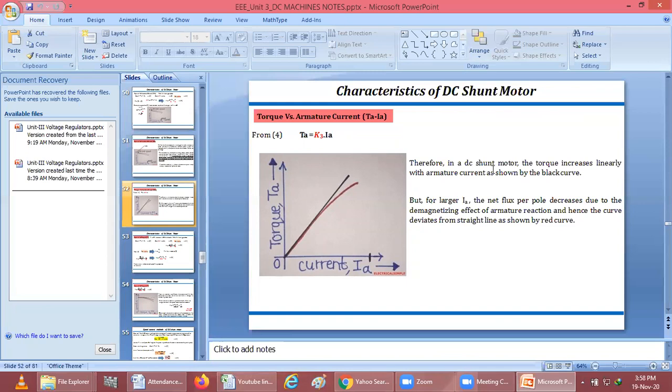So in the DC shunt motor, torque increases linearly with an increase in armature current. That can be shown by the black curve.